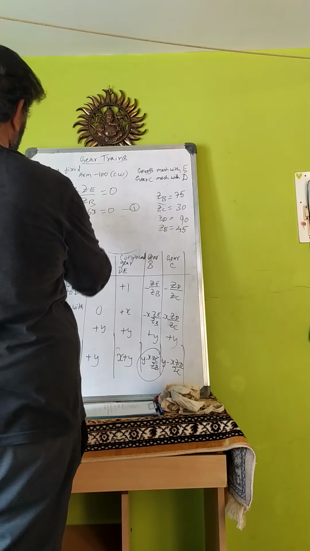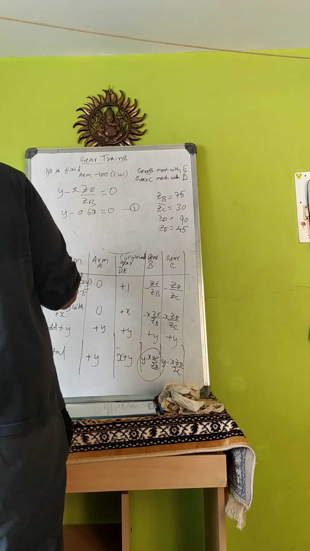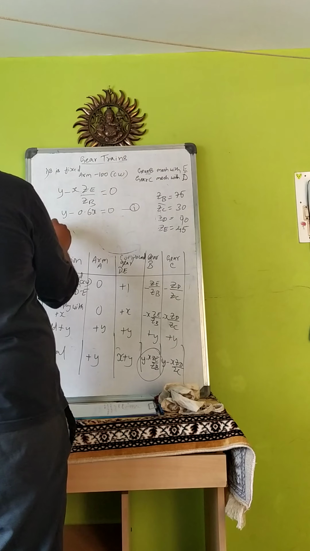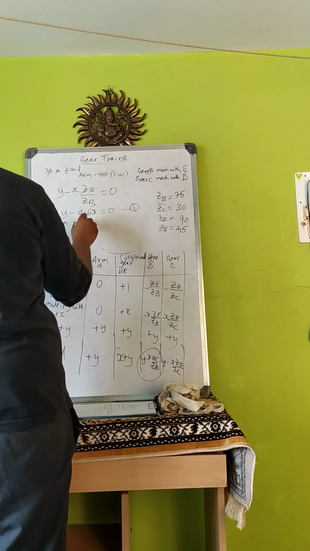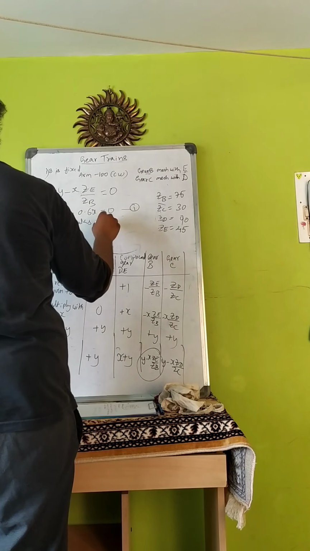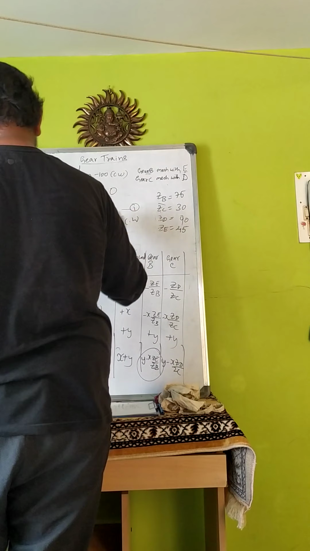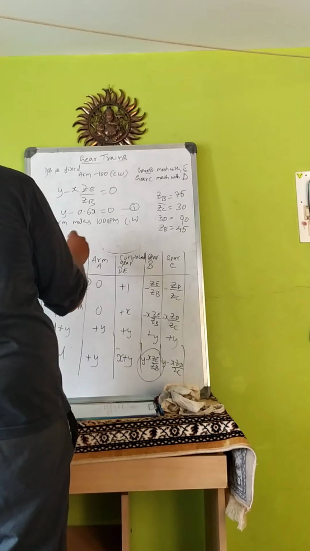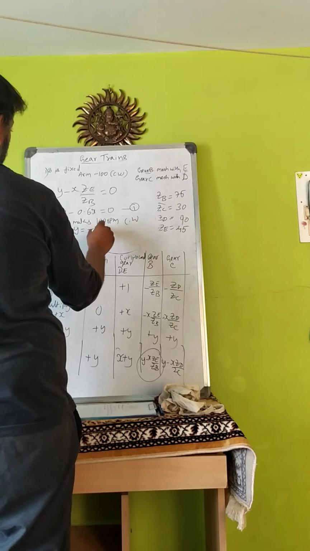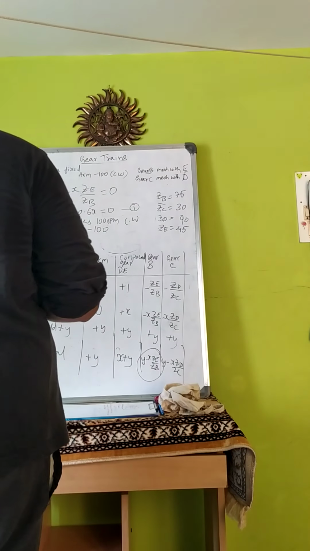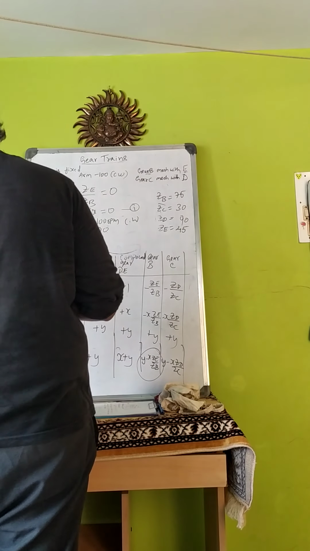So let us write the second condition, that is the arm makes 100 RPM clockwise. Therefore Y is equal to minus 100.